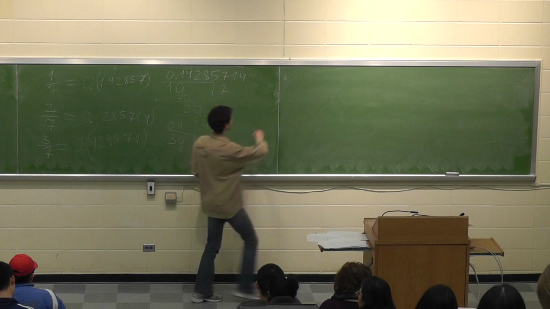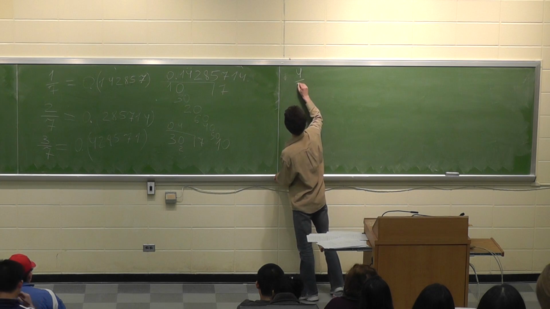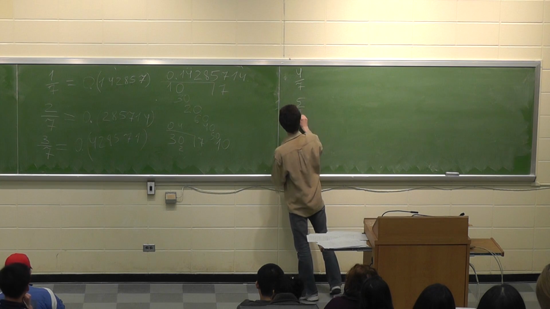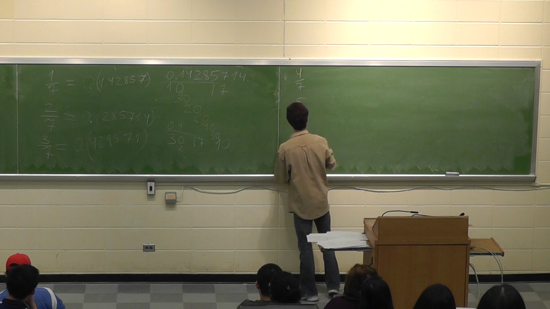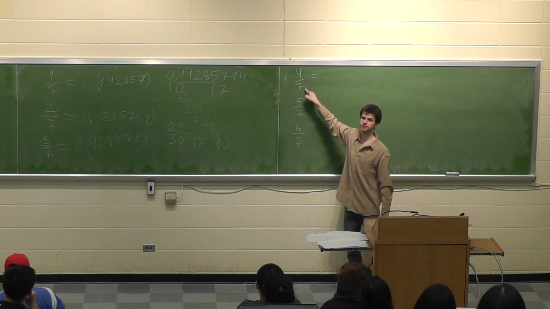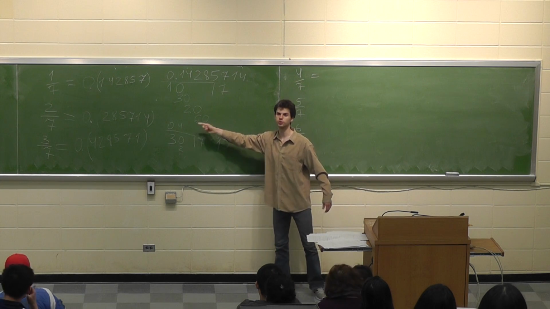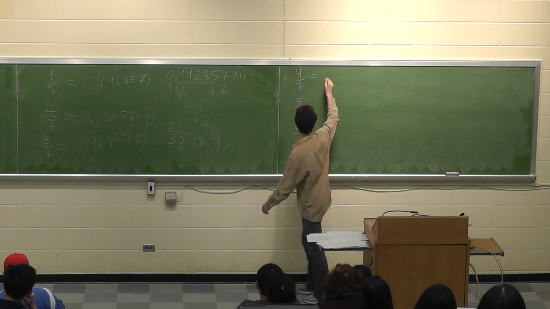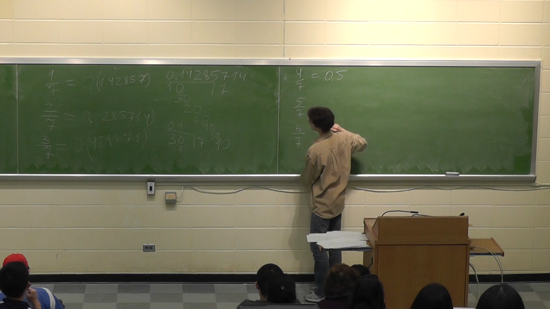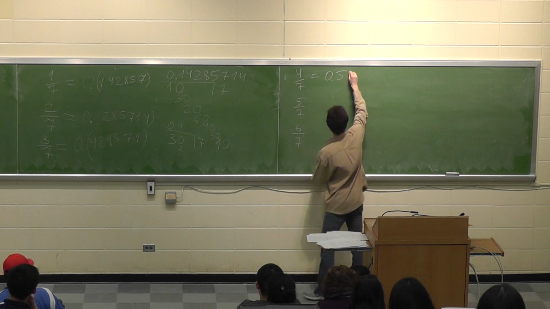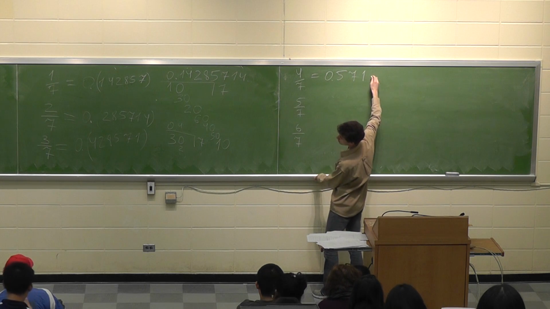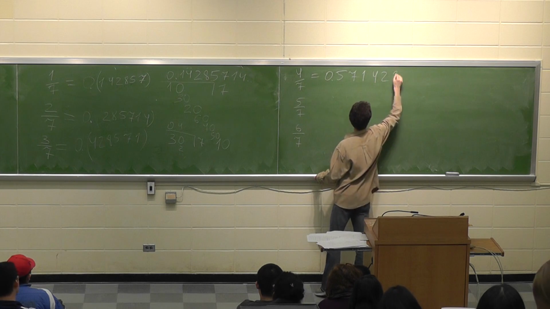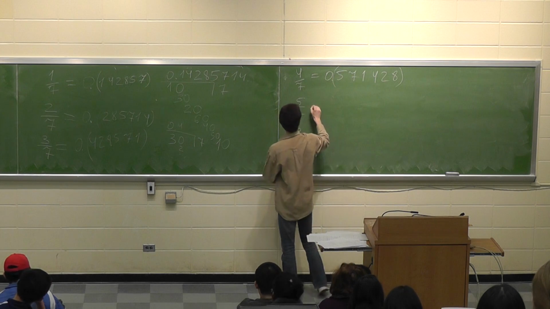Well, we can experiment a little bit further. 4 over 7, 5 over 7, 6 over 7. Well, 4 over 7, the computation will start with 40 over 7, which will produce 5. So it is 0.5, and then the period repeats itself: 7, 1, 4, 2, 8.